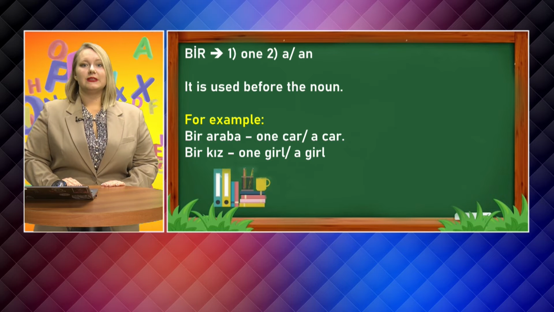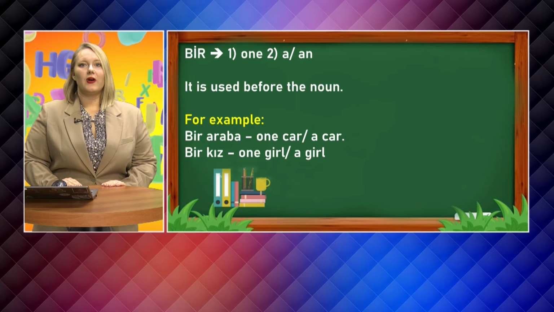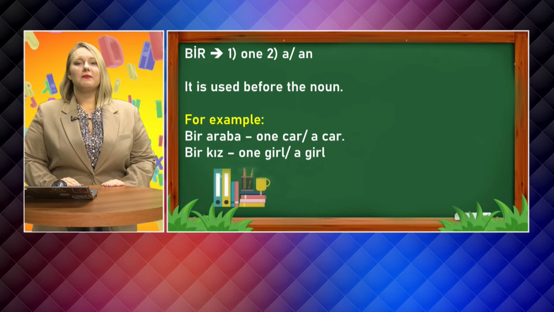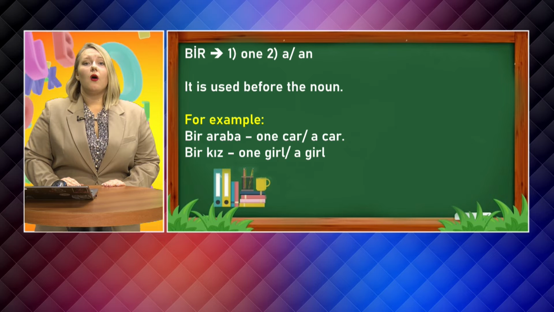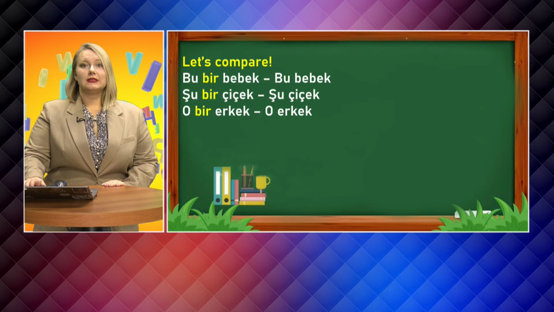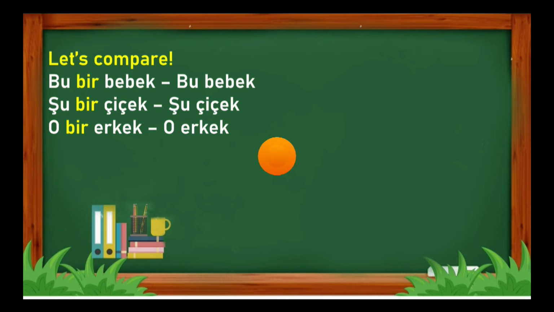As an example, bir araba, one car, or a car. Or bir kız means one girl or a girl. So, let's compare. Bu bir bebek. This is a baby.